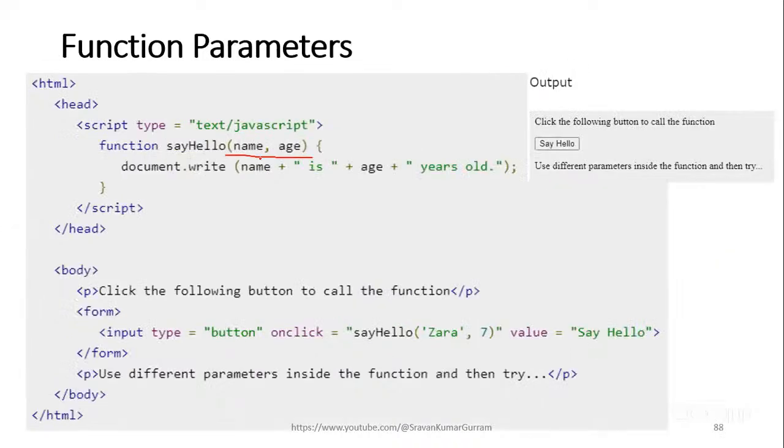But here we have written some names, name, age within the parentheses. These are called parameters. Technically, this should be called a function with two parameters. Function name is say hello. We have two arguments, name comma age.